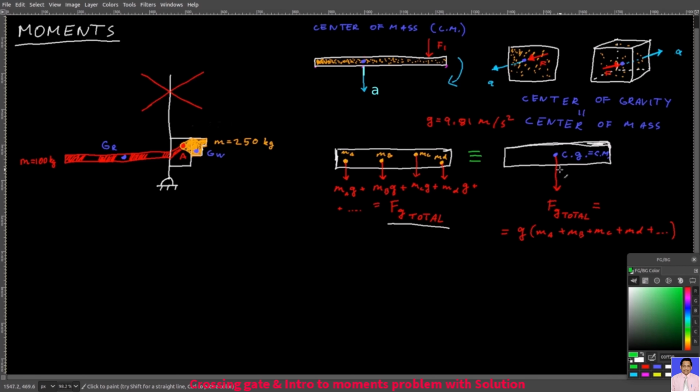It's a simplification. As it was said before, in reality, the force of gravity goes through Cg and not through Cm. And in reality, Cg and Cm are different concepts. In reality, they are not the same.